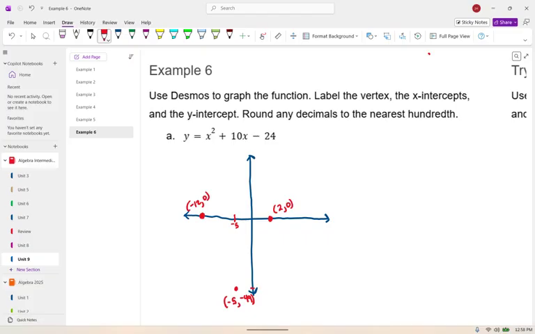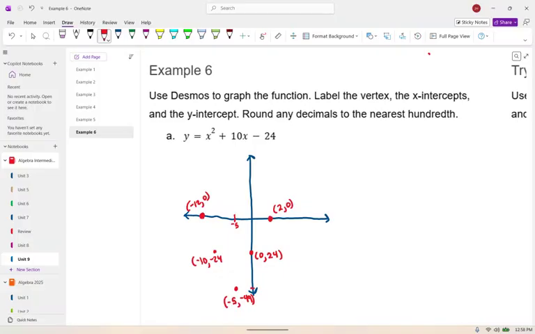And then we have our y-intercept at 0, negative 24. So 0, negative 24, about halfway up from the vertex. And then I've got another one at negative 10, negative 24. So we've got these 5 dots here.